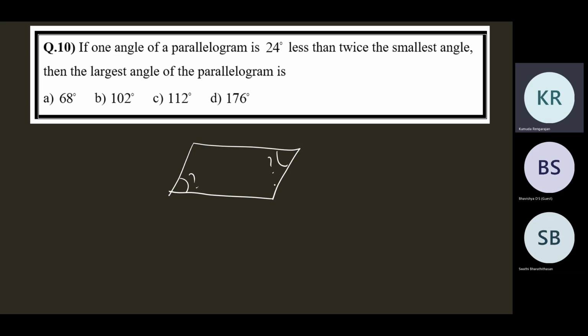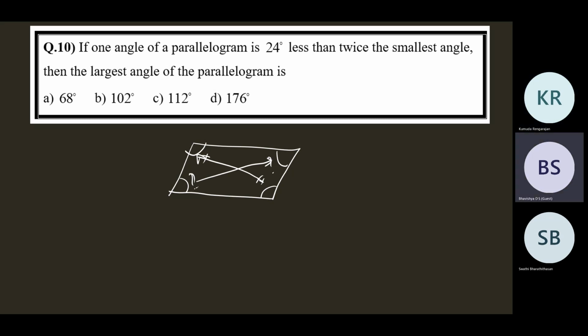Whatever this angle is, the same will be this angle, and whatever is this angle, the same will be this angle. So we have only two different angles in a parallelogram. Of those two angles, one will be small, one will be large.